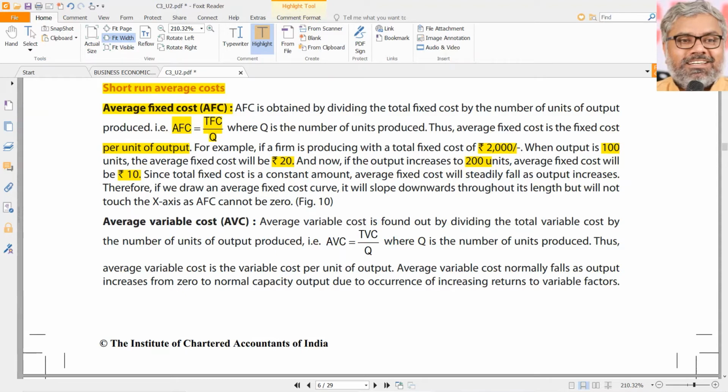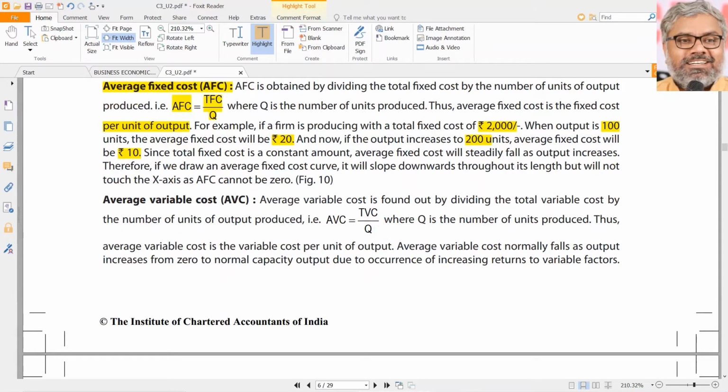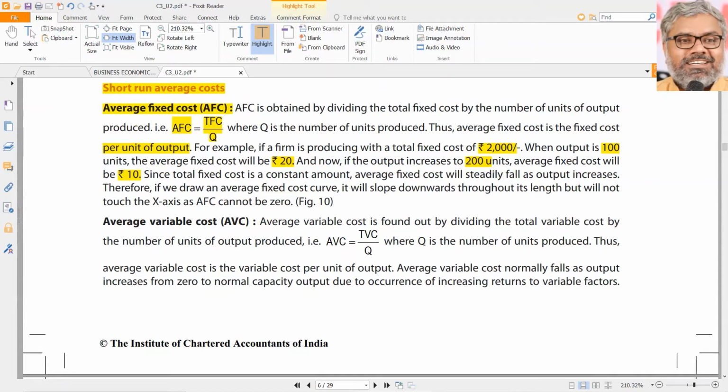And as the level of activity increases, that means Q increases, the denominator keeps on increasing, right? When we look at any graph, the level of activity on the x-axis, the output, as it is increasing, the denominator in this particular formula will keep on increasing and the numerator will be constant. The total fixed cost is a constant amount, it will not change. Output increases, that is the denominator.